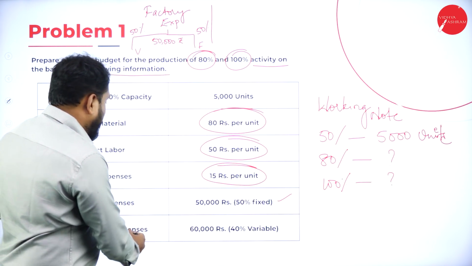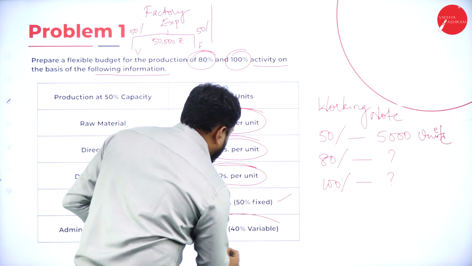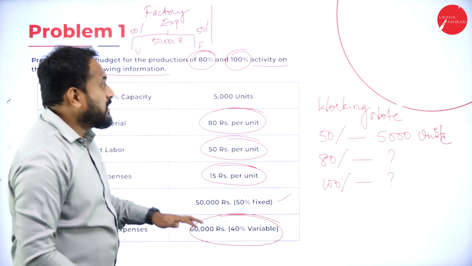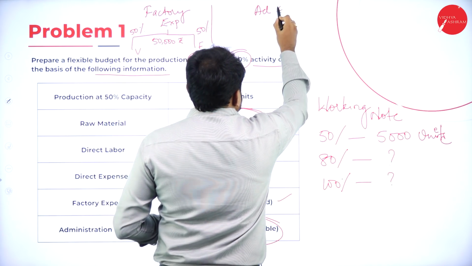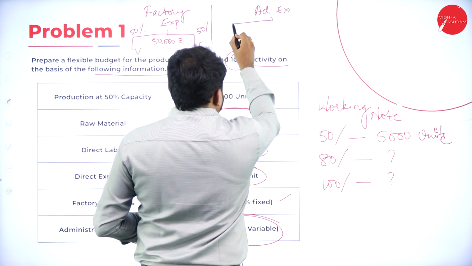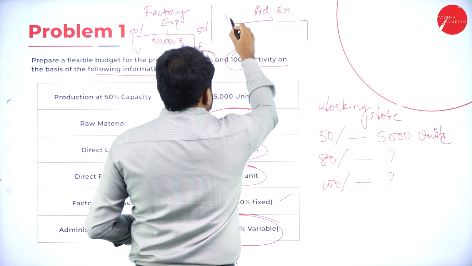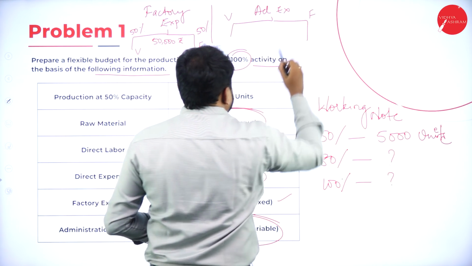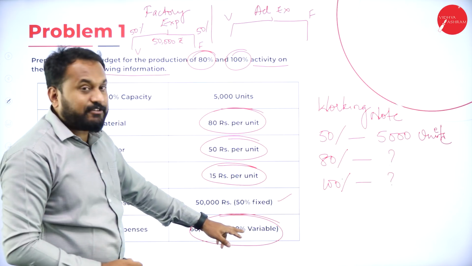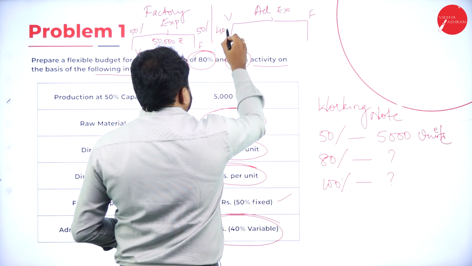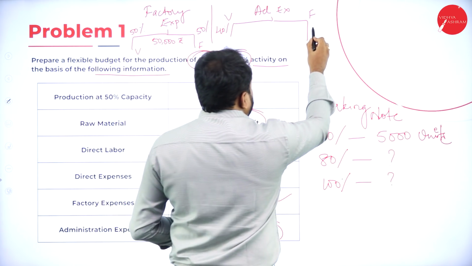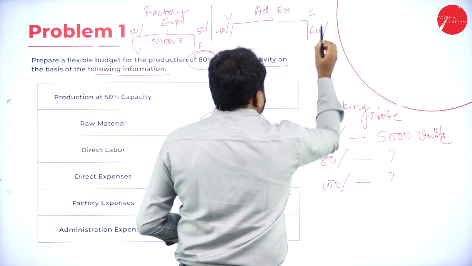Second note, in the same way, administrative expenses. Understand here, now you are supposed to find out. Administration expenses, again bifurcate here. You write variable here and fixed here. Now, how much is the variable? They are telling that 40% is variable. Now if 40% is variable, then 60% will be fixed.